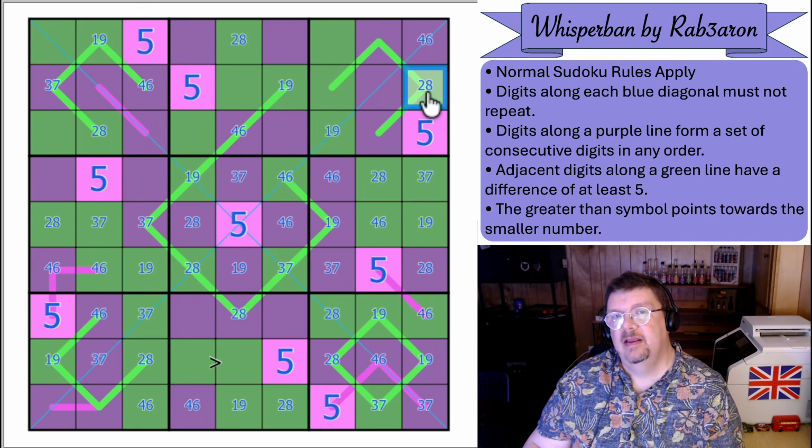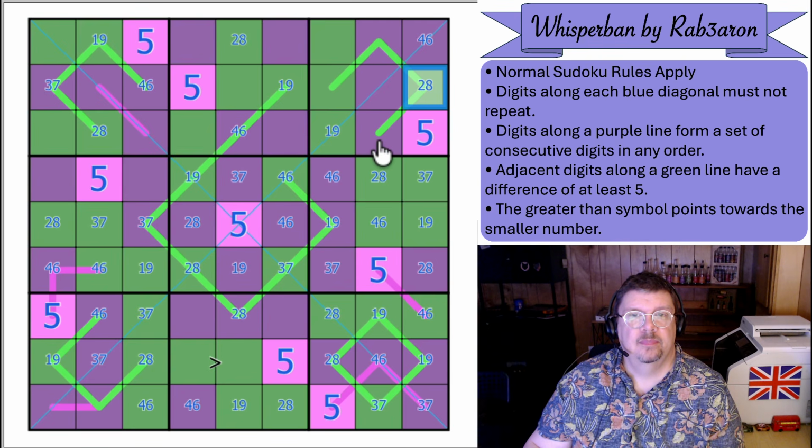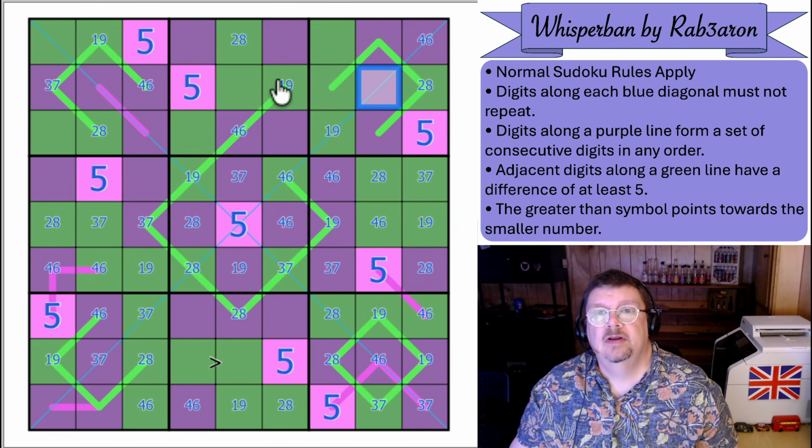8 can go next to anything apart from the 4. 2 can go next to anything apart from the 6, so that doesn't help us determining these. Though one of these is 3, 7. Do I know which? Don't think so. Right, is it green digits I should be focusing on now then?